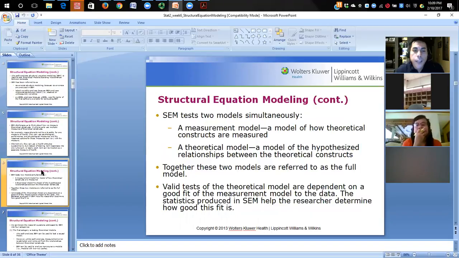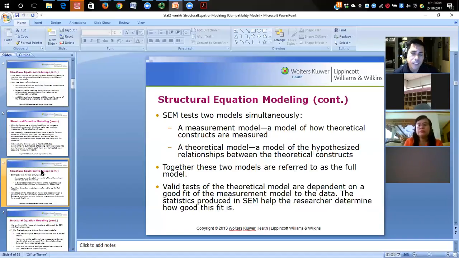SEM measures two models simultaneously. This is one of the key differences of structural equation modeling from exploratory factor analysis. When you do exploratory factor analysis, you do have a theory and a conceptual framework in mind, and you develop all of your items based on the conceptual framework that you have done prior to item development.